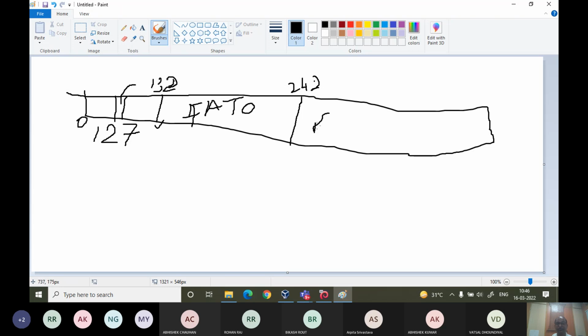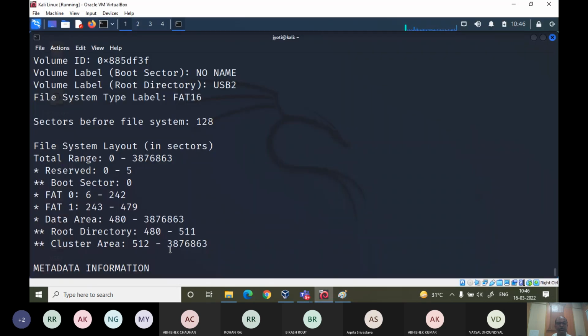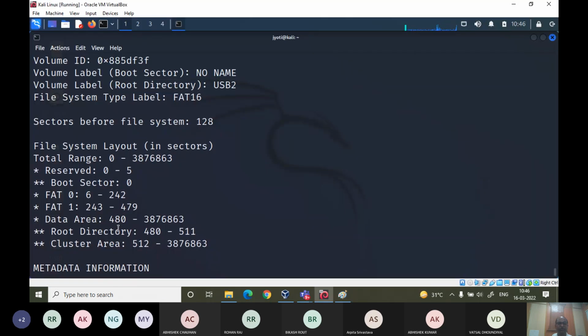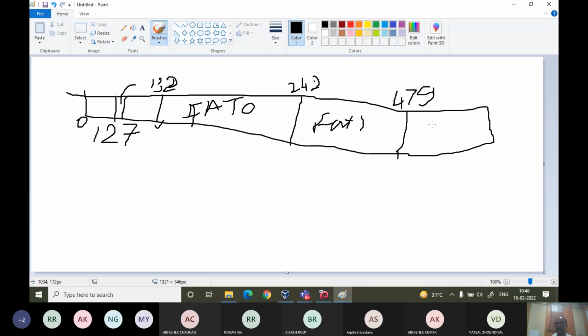And next is FAT 1, starting from 243 to 479. So up to this we have the FAT information. Then following 479, from 480 to the last, is the data area, basically the content.